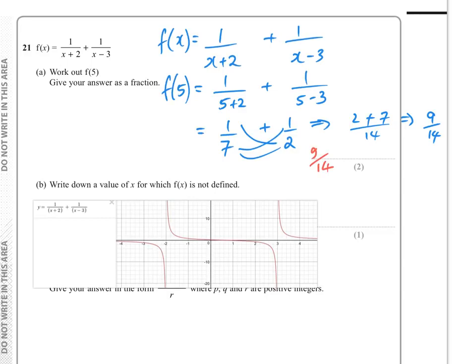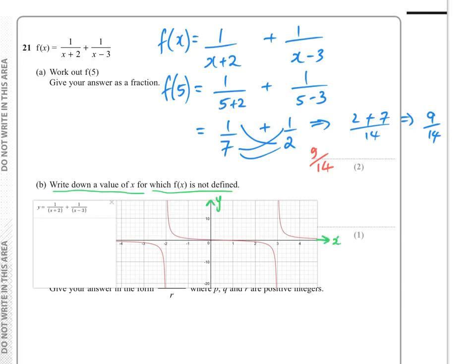Well, let's have a look at part B. It says write down a value for x for which f of x is not defined. Well, I've done a little graph here, so it's a bit small, but I hope you can see it. This is our y-axis, and this is our x-axis here.